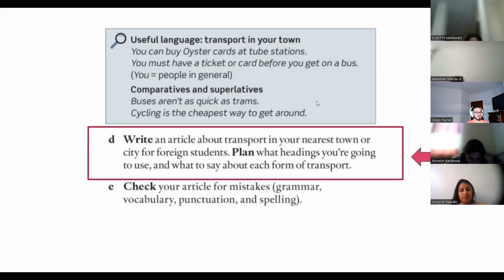Plan what headings you are going to use and what to say about each form of transport. Check your article for mistakes. So you're going to do something pretty similar to what we have in this article.